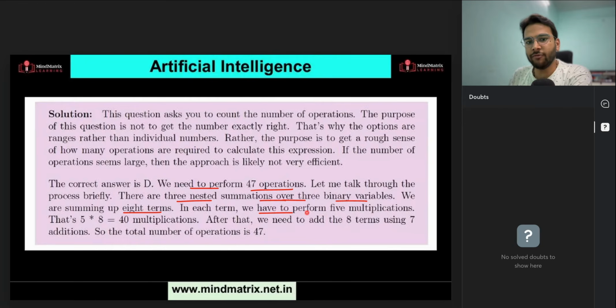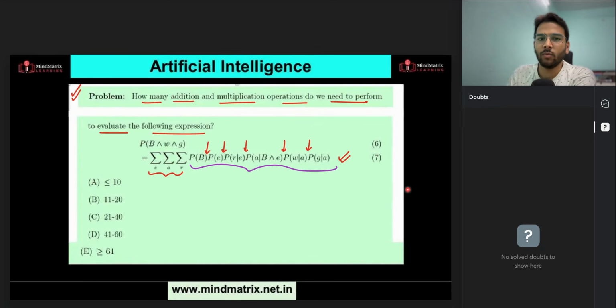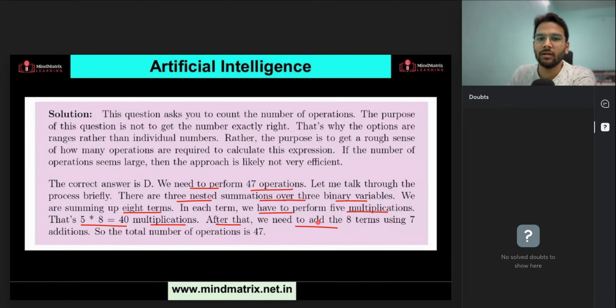And in each term, we have to perform 5 multiplications, as I told you. So 5 into 8, 40 multiplications. After that, we need to add these 8 terms. This is going to be 1 term, then for another combination, this is going to be another term. So in total, 8 terms are there. And to add 8 terms, I need 7 additions. So the total number of operations would be 47.